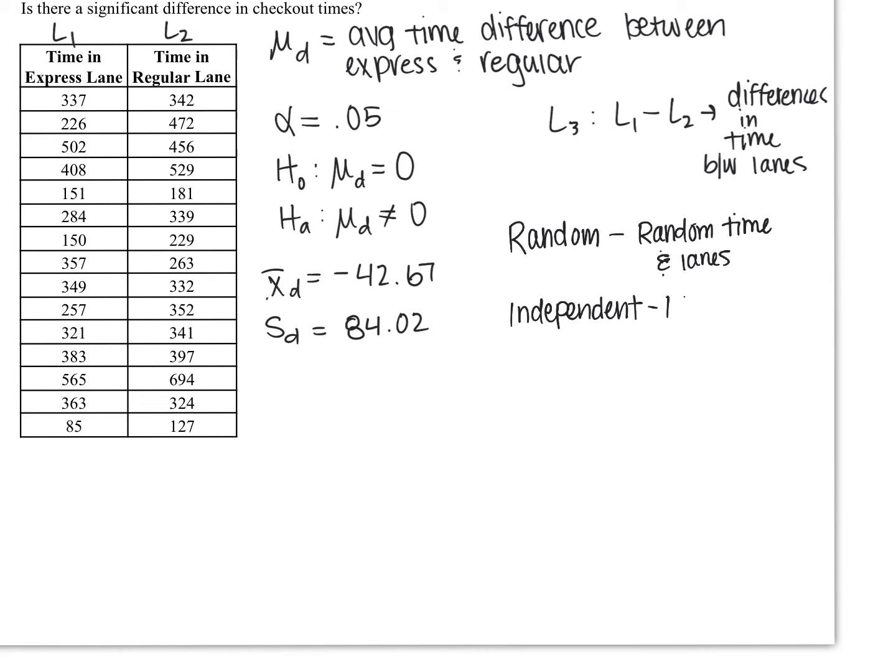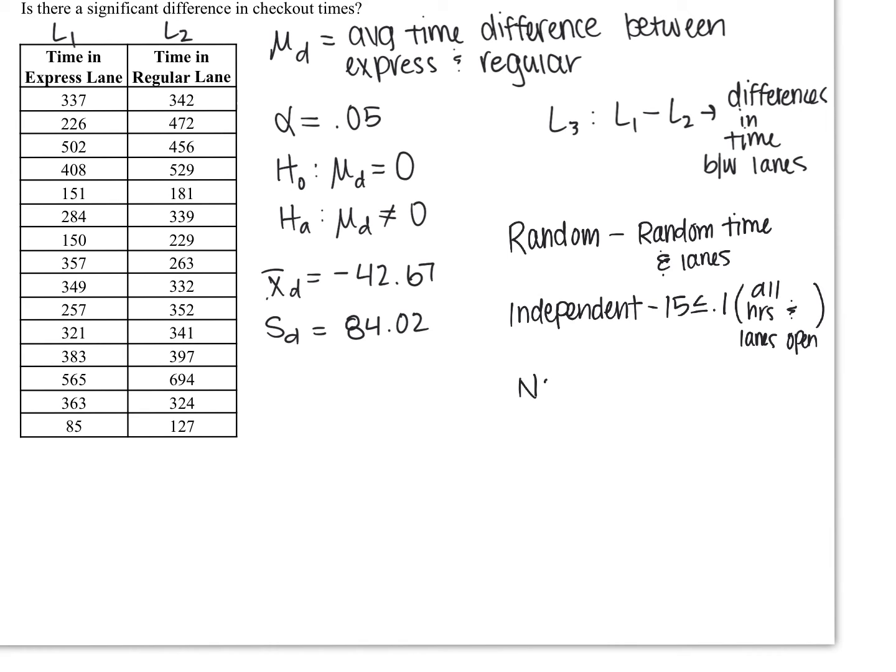So our sample size is 15, so that's less than or equal to 10% of, in this case, all hours and lanes open. So we are going to assume that one lane doesn't affect the other lane. We're going to assume that if you choose one regular lane over the other, that does not change the likelihood that you'll get through that lane faster. So we'll assume that all of the employees work at the same rate in the regular lane.